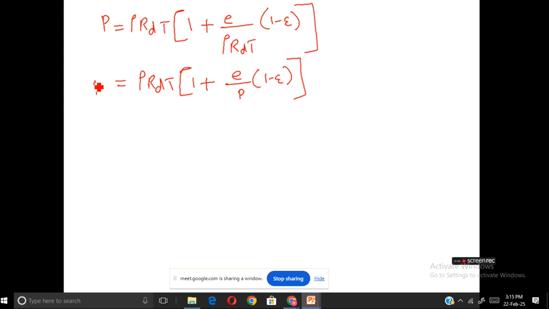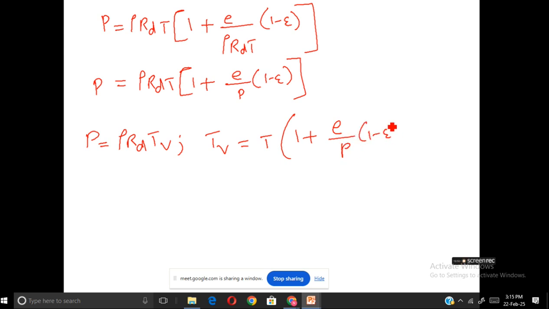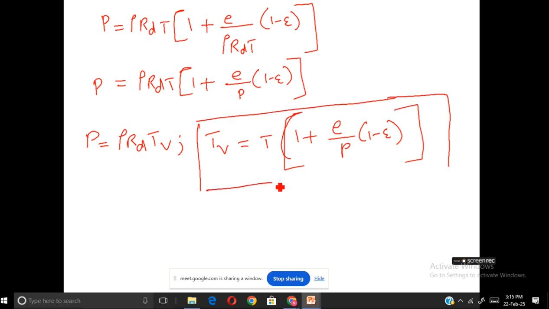So now we got P is equal to rho Rd Tv, where Tv is equal to T into 1 plus E by P into 1 minus epsilon.